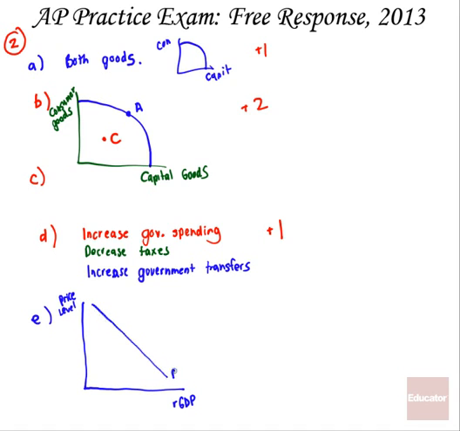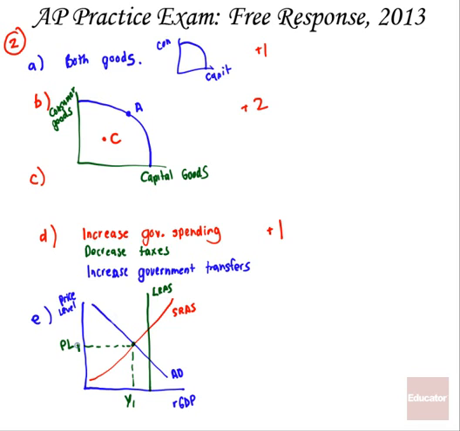And then you have the aggregate demand here, and you have the short run aggregate supply. And remember, you're in a recession, so the long run aggregate supply is going to be to the right. Okay, so this is the LRAS, and in the short run this is going to be Y1, and this is going to be PL1 here.